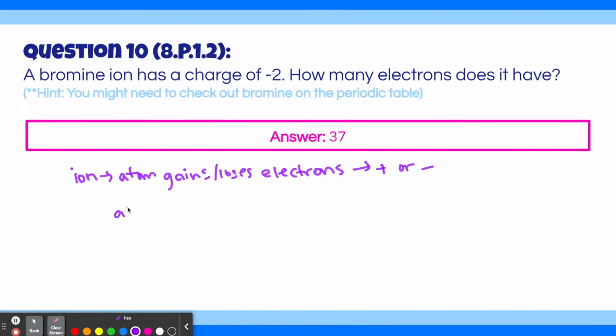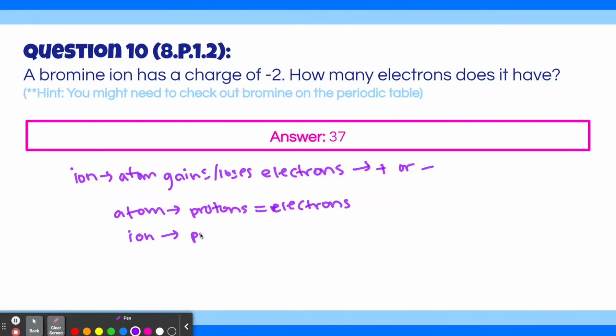In a normal atom, the number of protons equals the number of electrons, giving it a neutral charge, or a charge of 0, because protons are positive and electrons are negative. So if the number of protons equals the number of electrons, there's going to be a charge of 0.